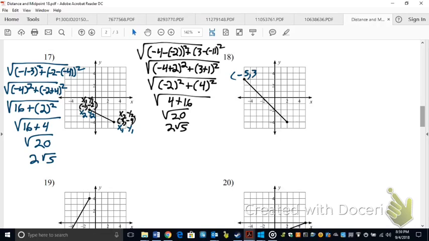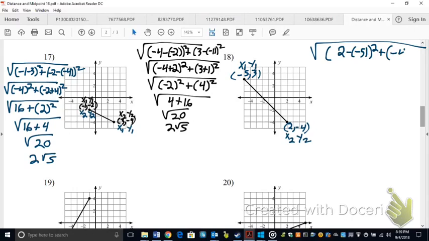Looking at number 18, we have negative 5, 3, and 2, negative 4. So what we're going to do here is label them x1, y1, x2, y2. Now I go left to right a lot of the times, but it doesn't particularly matter as we just showed, you can pick either one. Just make sure you're keeping your x and your y straight.